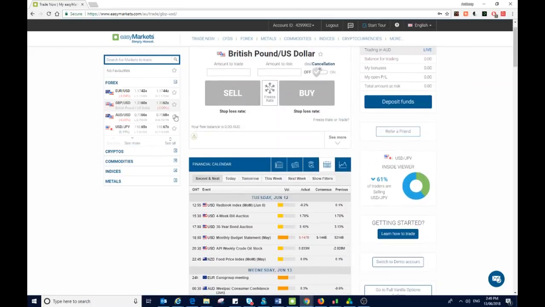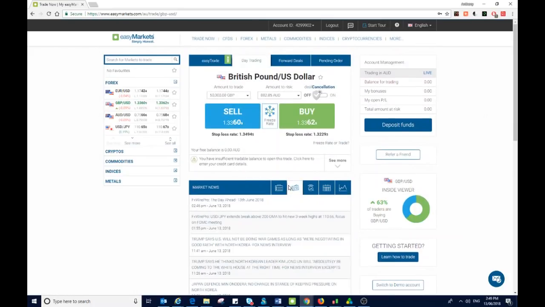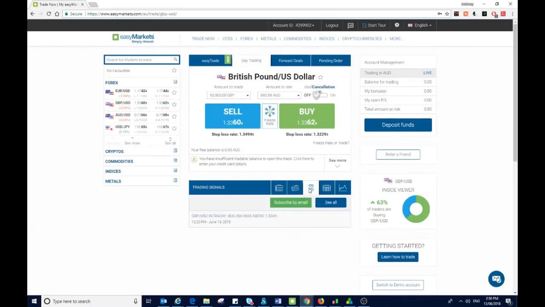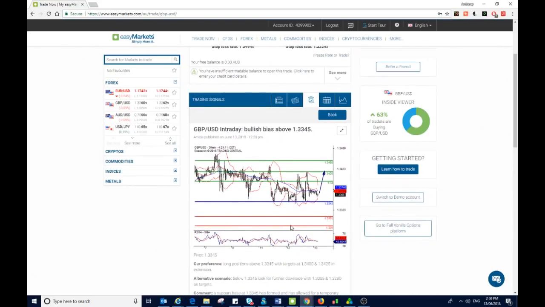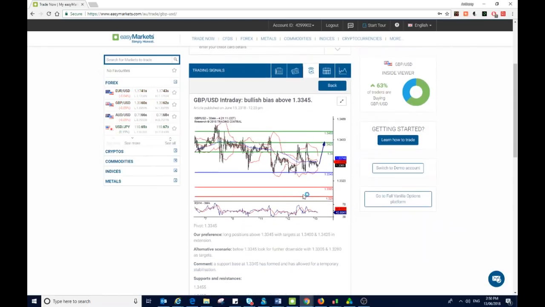If I was looking at the pound in particular, on this one for the final update, they are bullish on the pound above 133.45, and they're targeting the resistances at 134 and 135.25. Below 133.45, they're targeting 133.05, 132.80.